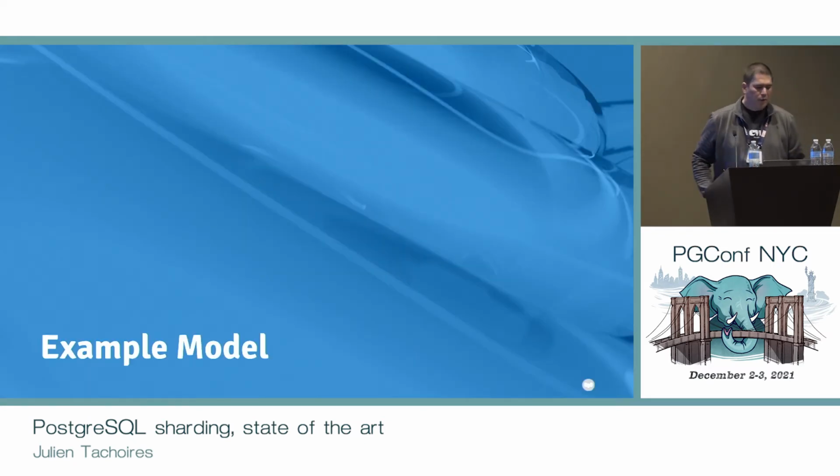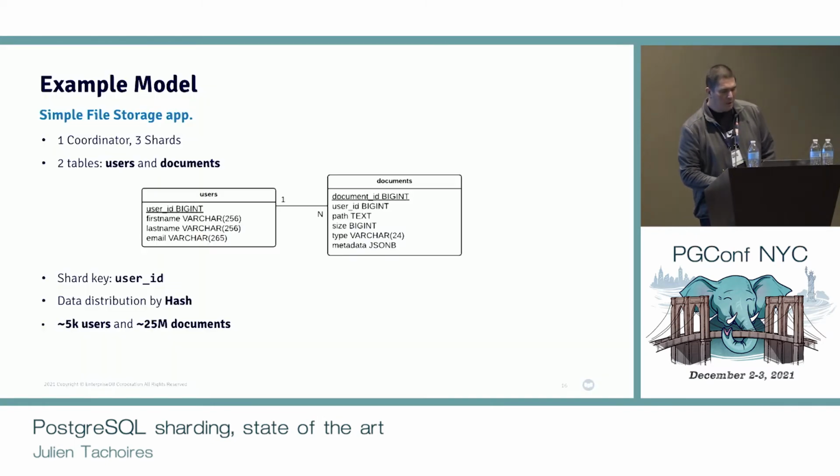So before going further, let me show you the database model used to highlight some of the key features of built-in sharding. We are going to use a pretty simple architecture composed of 1 coordinator node, 3 shard nodes, 2 partitioned tables.